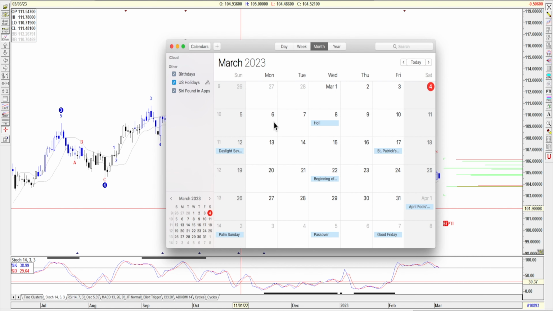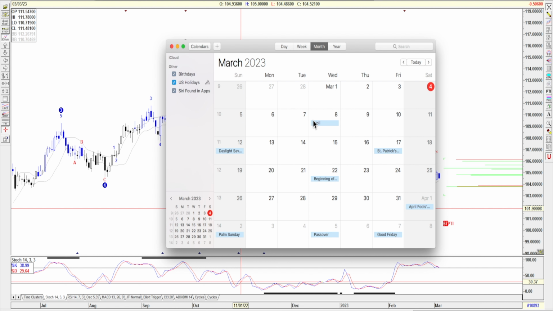Looking at the calendar, looking at the average return by trading days, Monday, Tuesday, Wednesday are bullish. Thursday's a little weak, and Friday is very bearish. Average return by week: the second week of March is pretty strong, pretty bullish, and I'm showing you the days that are more bullish, which is Monday through Wednesday.